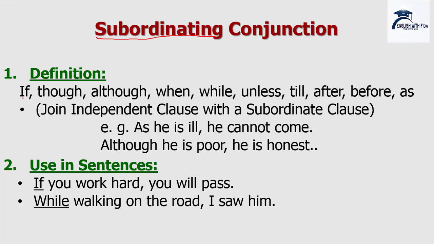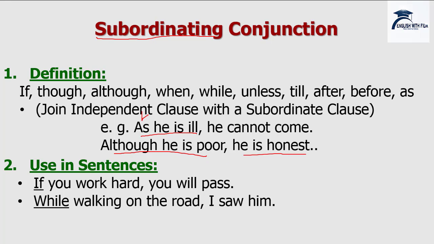Conjunctions like if, though, although, when, while, until, till, after, before, as join an independent clause with the subordinate clause. Look at this: as he is ill, this is a dependent clause. He cannot come, this is an independent clause. Although he is poor, that is a dependent clause. He is honest.